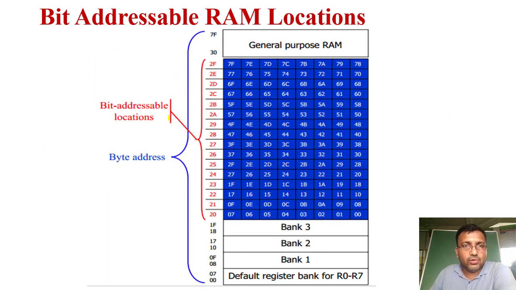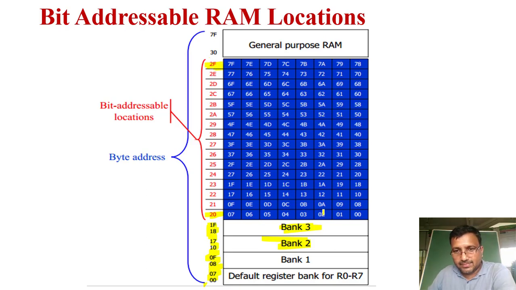So here is the memory map. You can look at it up to 1F, which are the register banks. From 00 to 07 is bank 0, bank 1 is 8 to F, 10 to 17 is bank 2, and 18 to 1F is bank 3. From 20 to 2F is the bit addressable area.